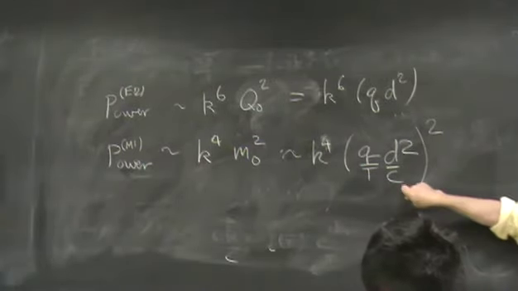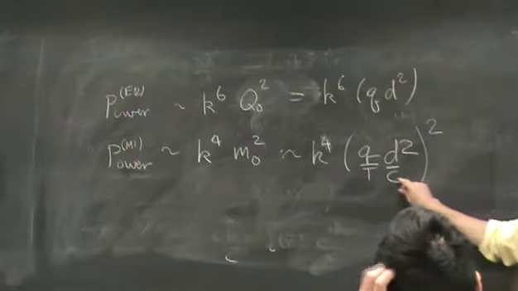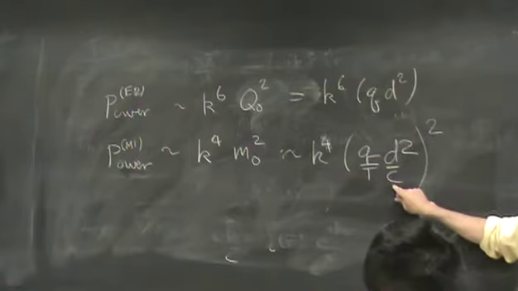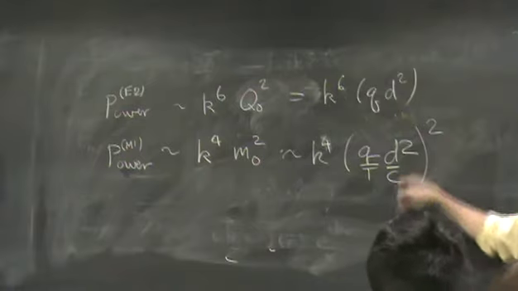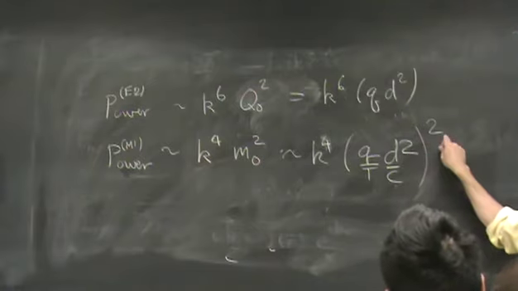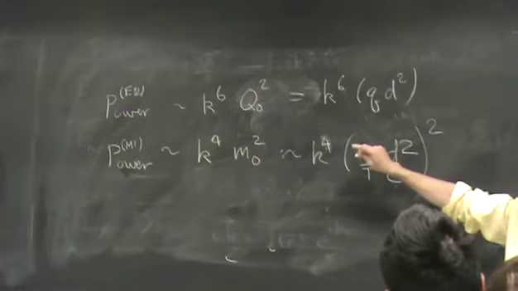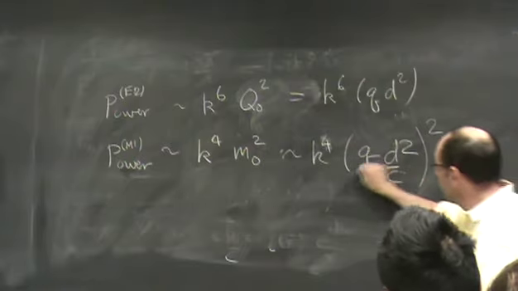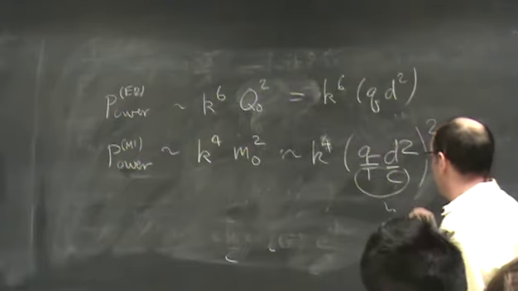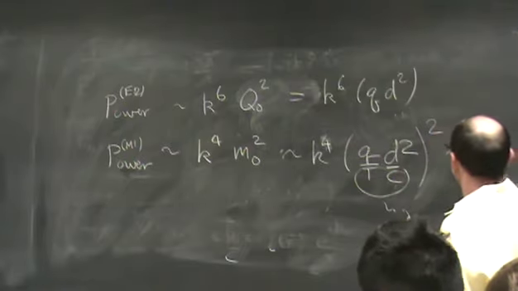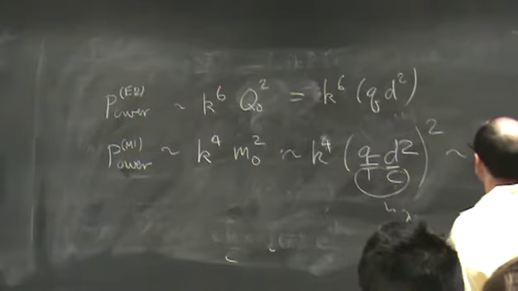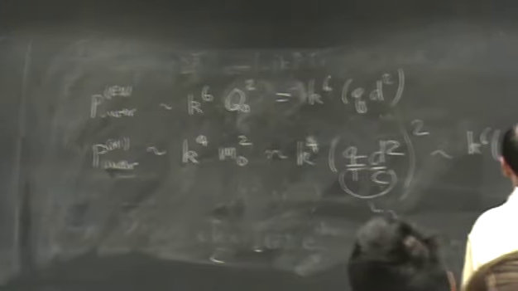But CT is like lambda, and 1 over lambda is like K, and in the squared, it's like K squared. So this goes like K to the 6th, K squared, squared.